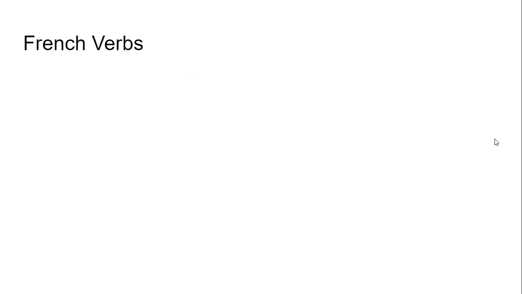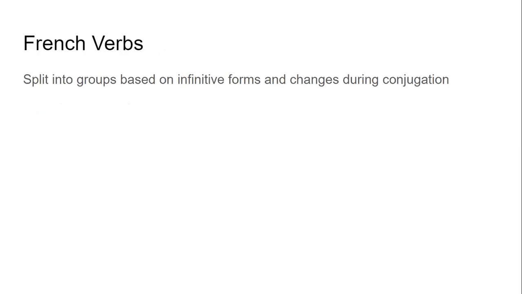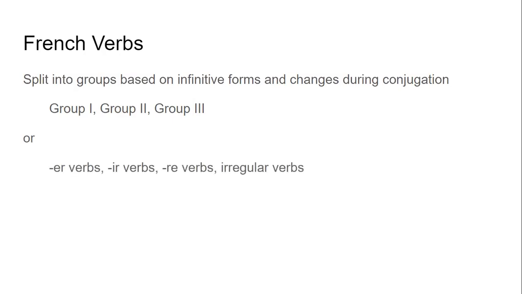So French verbs separate into different groups based on the spelling of the infinitive and the forms that they take during conjugation. And the linguistic division between the verbs, the linguists got together and decided what the different categories of verbs are. They split them into group 1, group 2, and group 3. I have my own way of thinking that maybe other people also do, but I think of them as based on their endings.